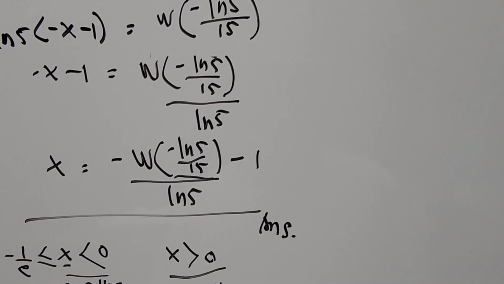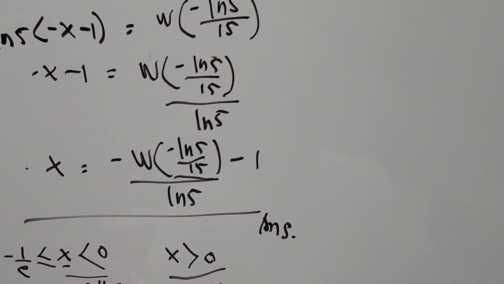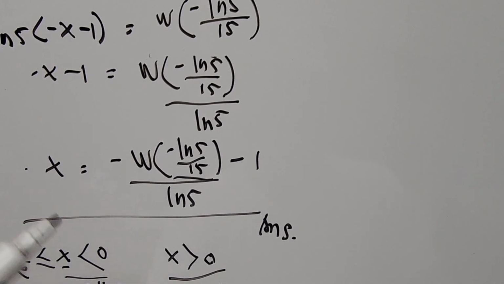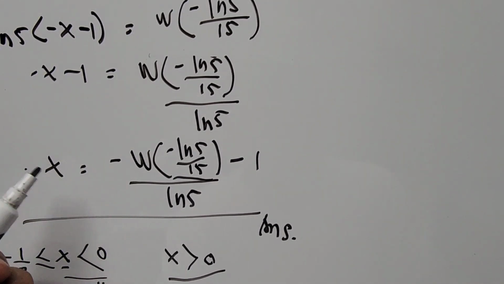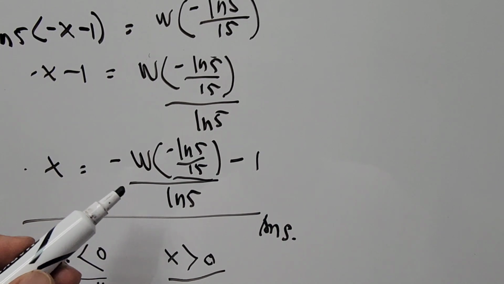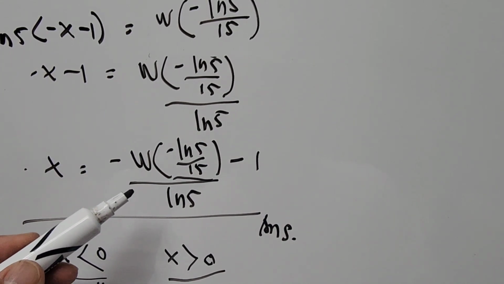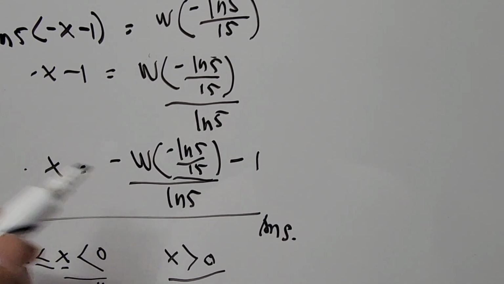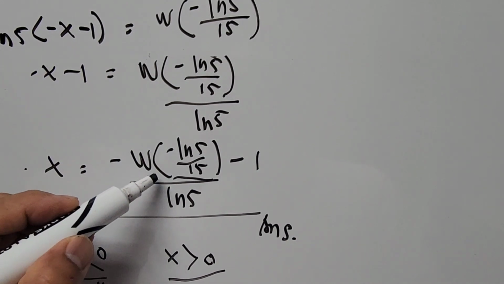So back to our solution value of x, we have two branches. That means we have two answers or two solutions to our equation. So here on the W, we have two branches, W sub 0 and W sub negative 1. So this is considered W sub 0.